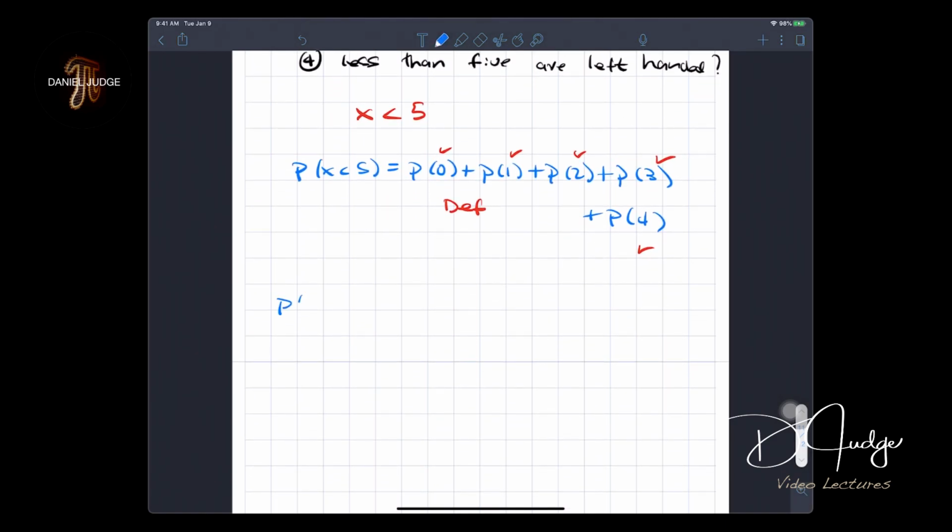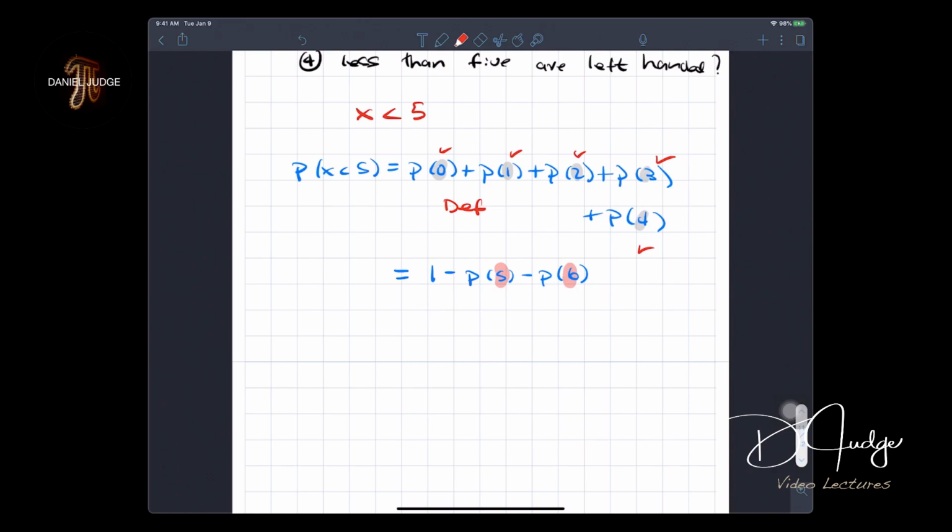Now, in this case, I'm not going to use the definition. By the complement rule, it's always 1 minus the outcomes that are not here. 0's here, 1's here, 2's here, 3's here, 4's here, because that's all the outcomes that are less than 5. The ones that are not here are P of 5 and P of 6.